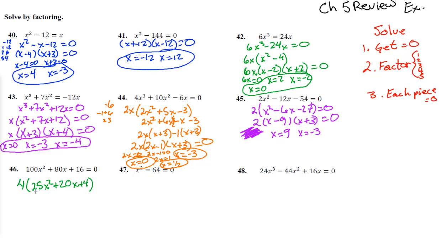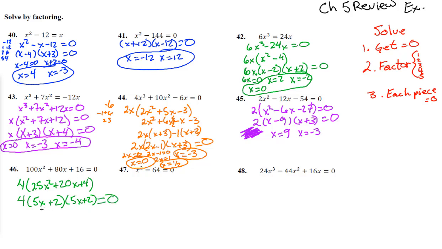And 25 is a perfect square, 4 is a perfect square still, so we can try that and see if it's 5x plus 2 squared. We just need to double check the middle term. Is 5x times 2 is 10x, doubled? Does that fit the pattern of a perfect square? It does. That's nice. And you can try that by multiplying it back out. But yeah, if you have perfect squares, give it a shot in the dark and see if the middle term comes out right. And yeah, 10x and 10x give us 20x.